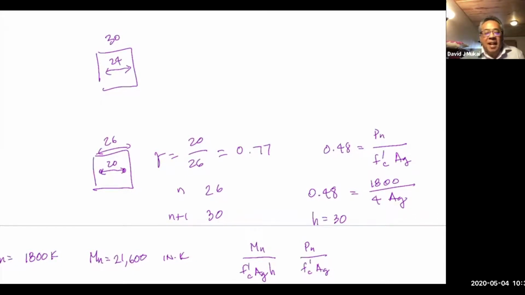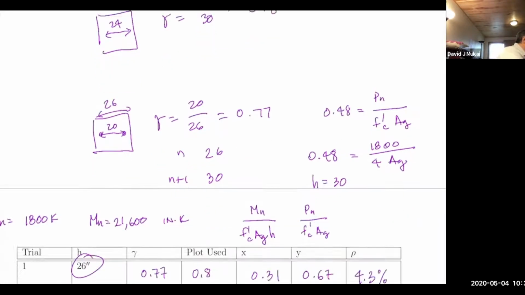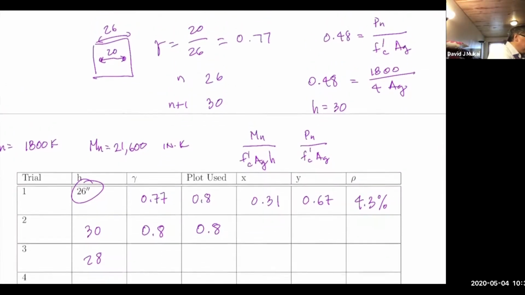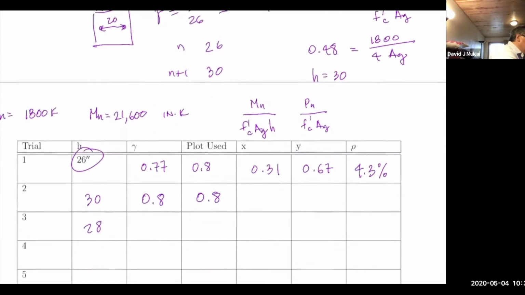Three inches on each side, so the distance between the steel is 24. So we will use the 0.8 plot. Oh, maybe this actually will work. Okay, so let's get the X and the Y. Let's see.